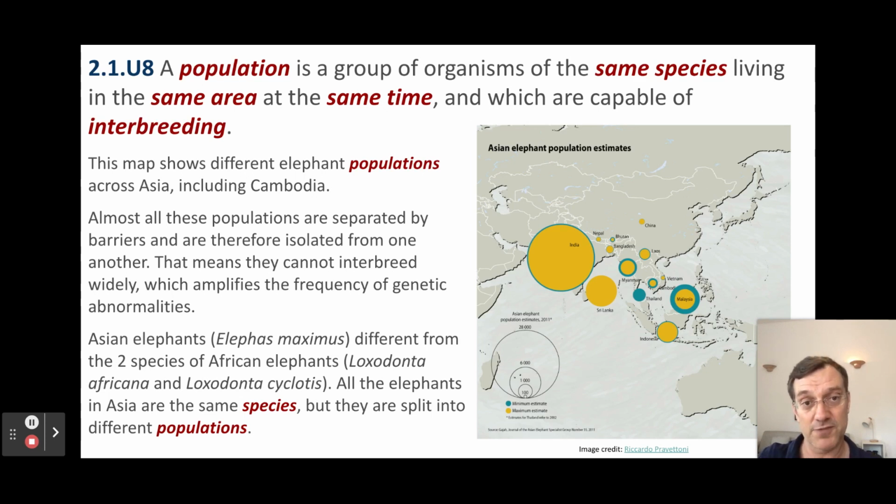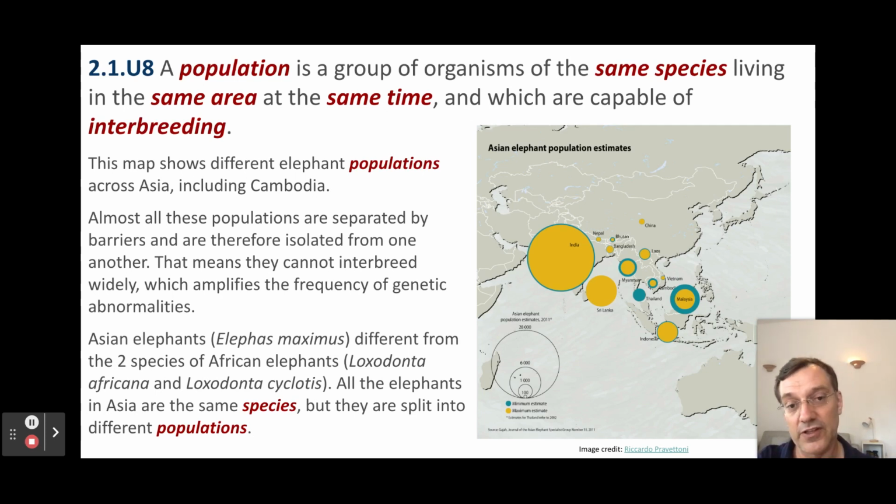They're different species. But within Southeast Asia, all of these areas represented by the circles on the map are the same species of Elephas maximus, the Asian elephant. So they're found in Thailand, in Myanmar, in Laos, in China, in India, in Sri Lanka, in Malaysia, in Cambodia.